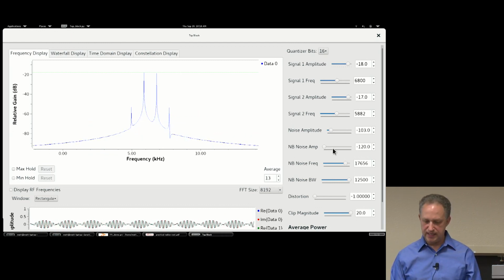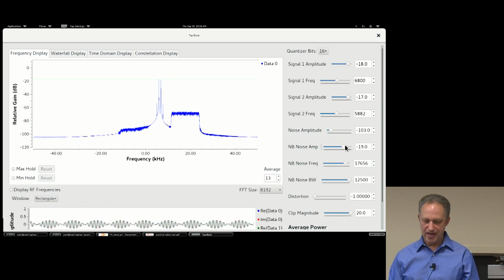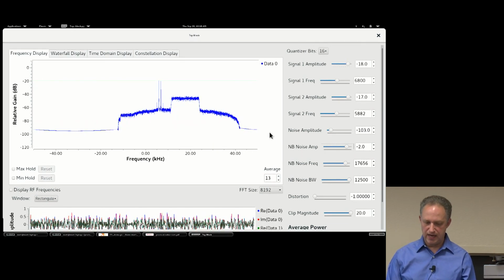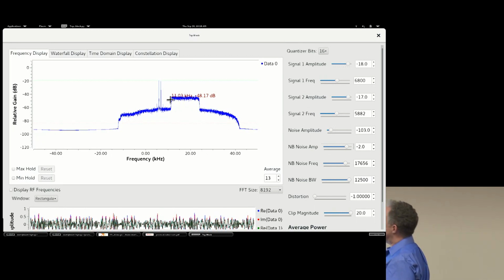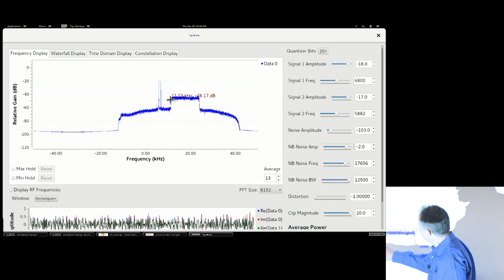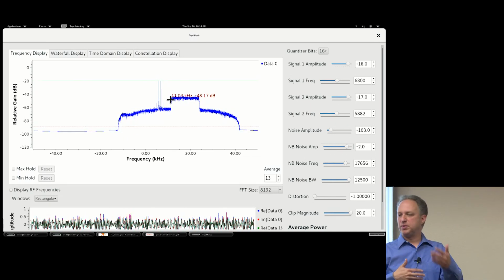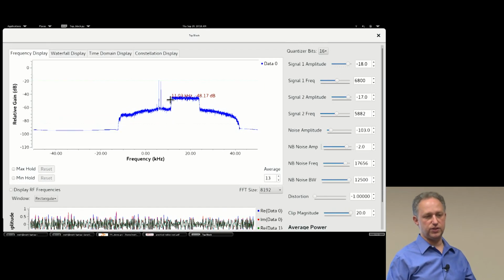And the reality is that if you look at a real system, nobody's sending sine waves, or at least they shouldn't be. But if we have an OFDM signal like that, then its intermod with our signal is not just in one place, but it has width to it. And the reason for that is, again, this is a multiplication in the time domain, and a multiplication in the time domain is a convolution in the frequency domain.